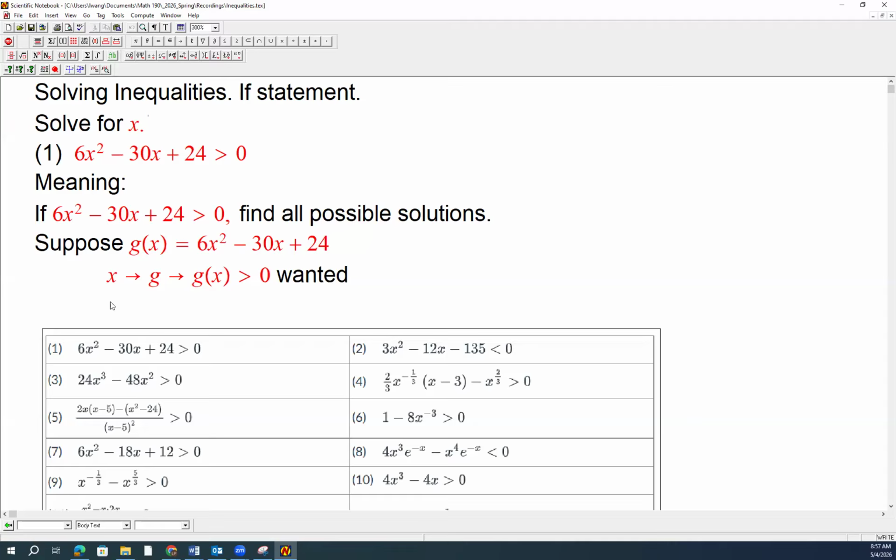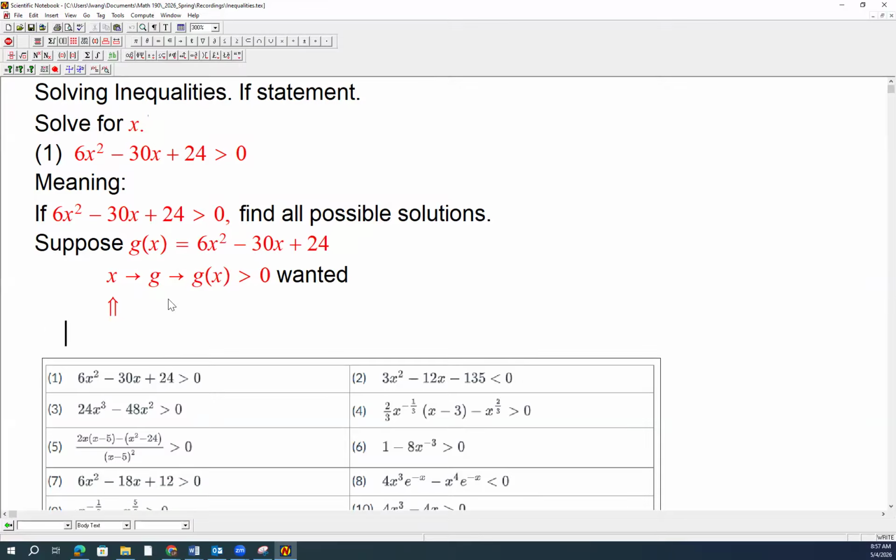We want to find out all the possible values of input x such that the output is positive.